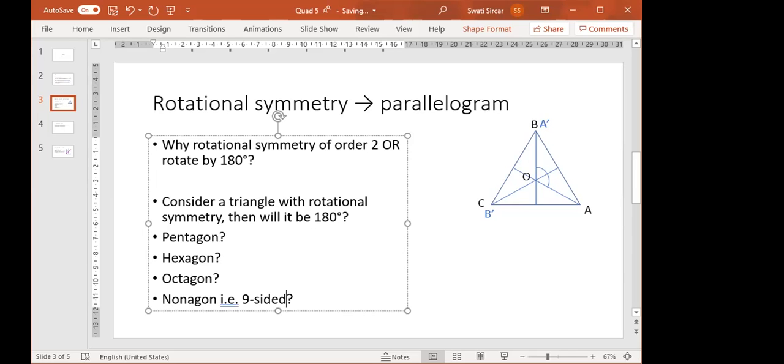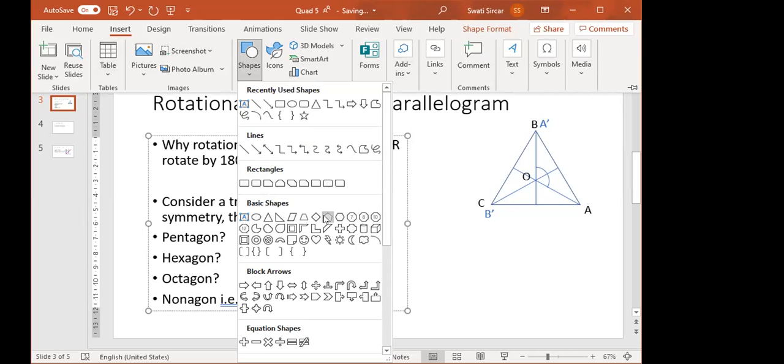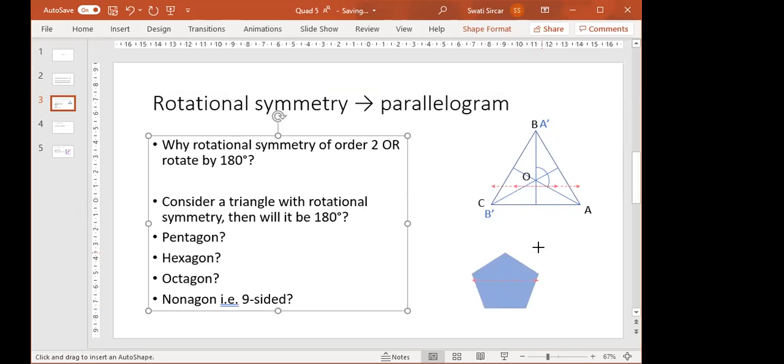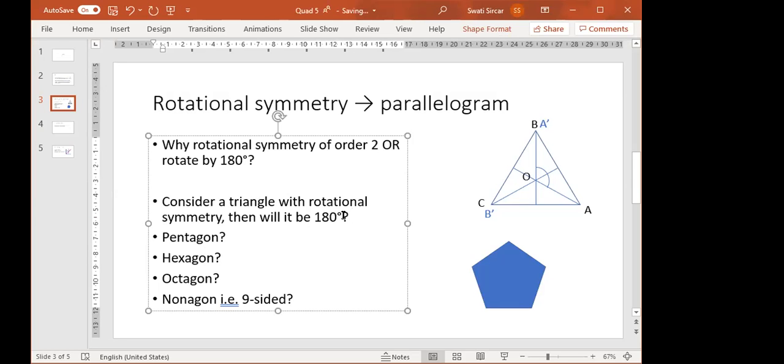What will happen for a pentagon? Here's a pentagon to help you think. So in this case, we get 120 degrees.